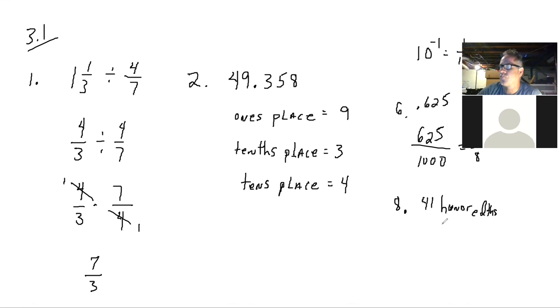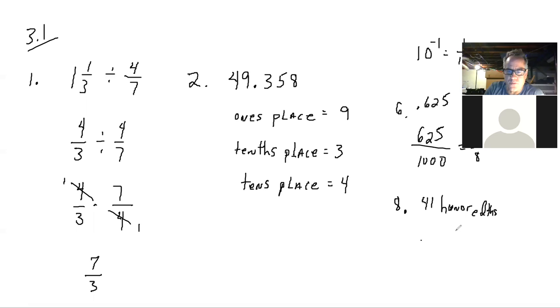So what I do is I take this part, I think that is two decimal places to the right of the decimal place.